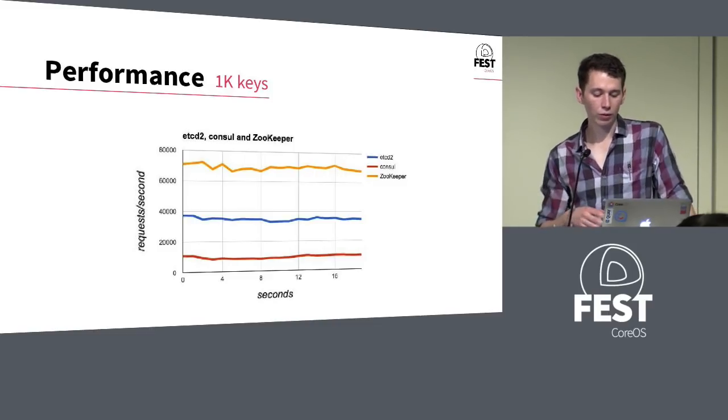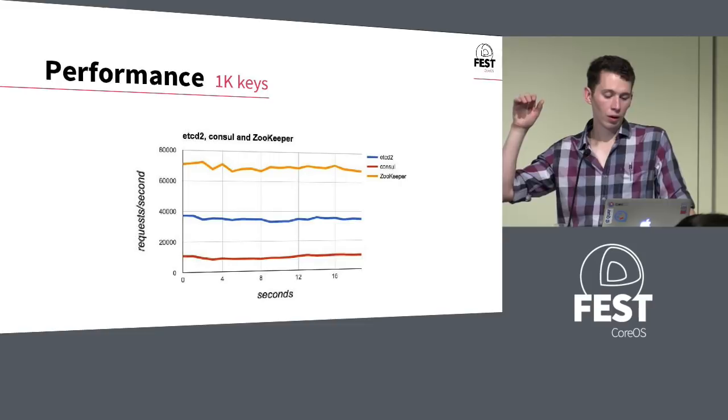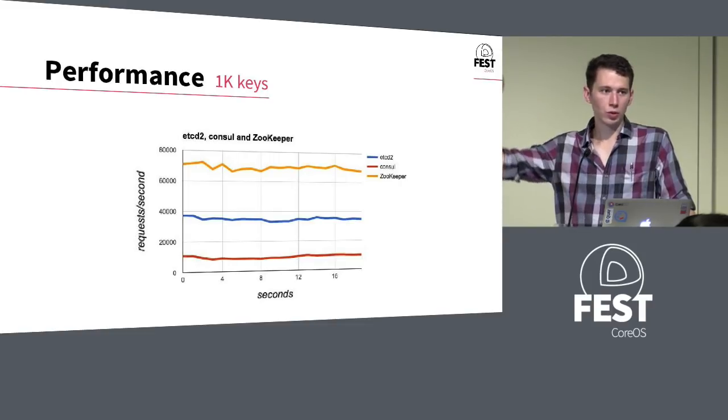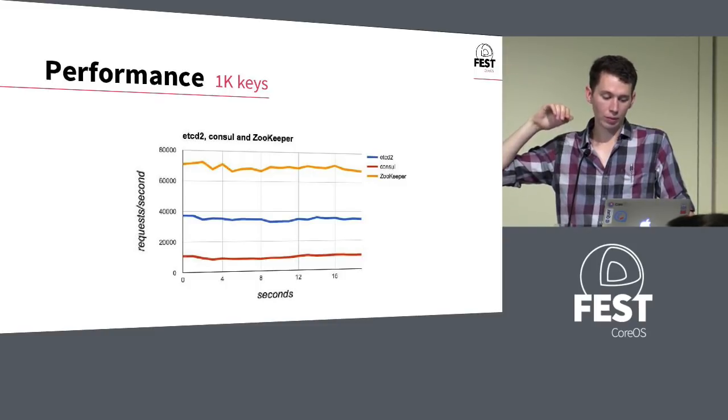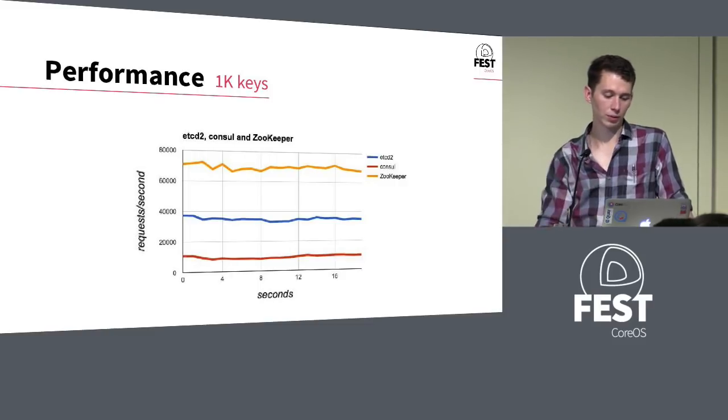So in the case of 1,000 keys, this is a comparison of Zookeeper, Consul, and etcd2. So Zookeeper is the most performant database of this type in open source. etcd2 is somewhere in the middle between Consul and Zookeeper. This is write requests per second, 1,000 keys.